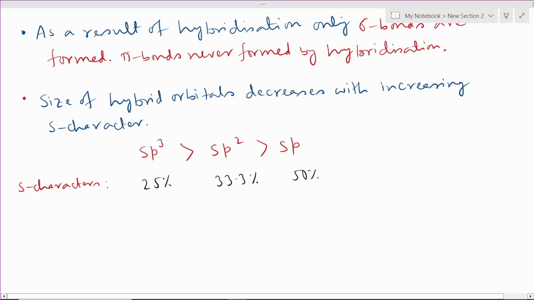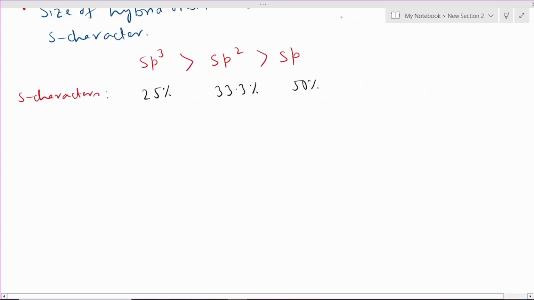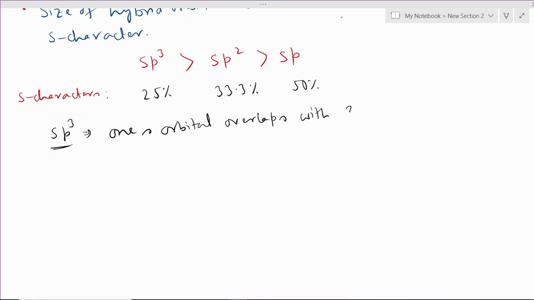Now how can we calculate s character? For sp3, a 1s orbital overlaps with 3p orbitals. So s character will be: here a 1s orbital is there and the number of total atomic orbitals is 4, 3p and 1s.